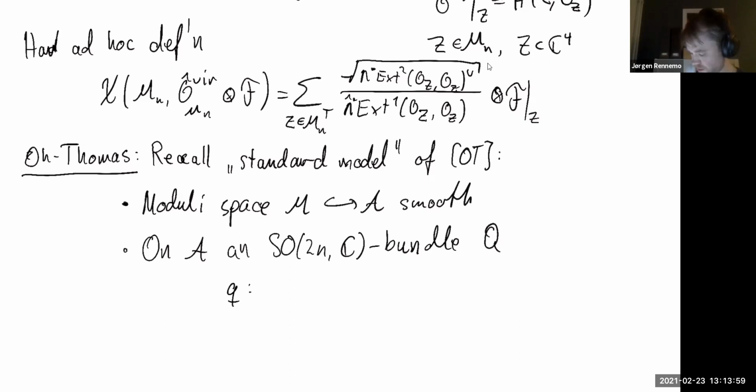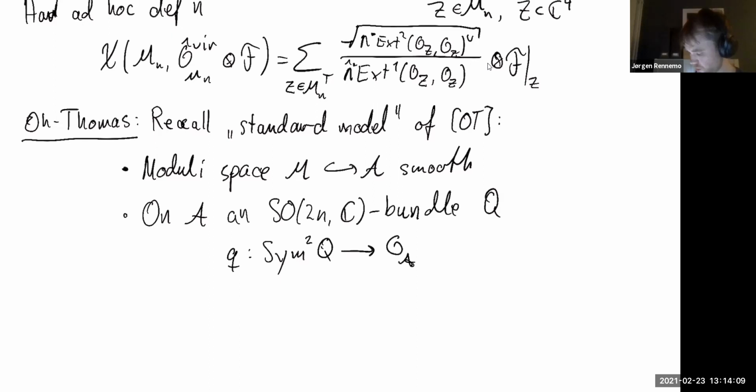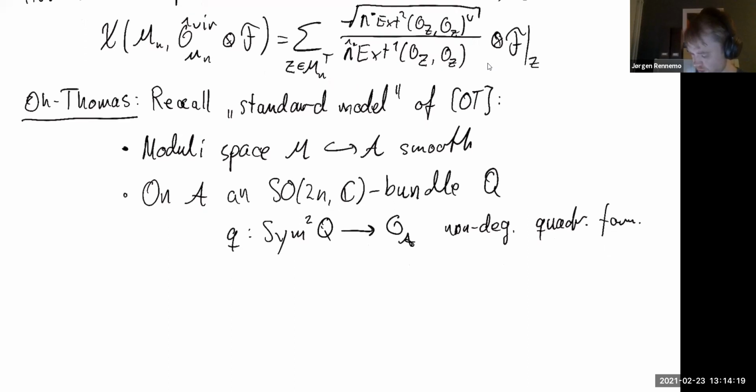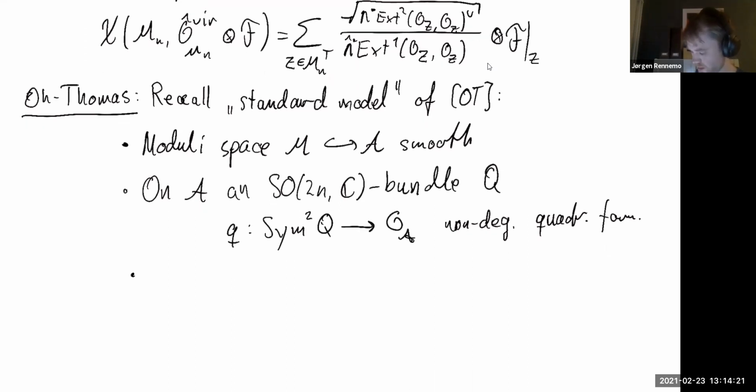So we have this small q denoting the quadratic form, which is some non-degenerate quadratic form, and this is an SO bundle, so there's an orientation which we'll get back to shortly.